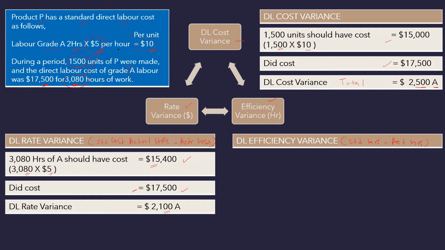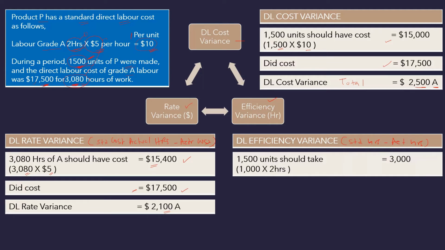Now we should have used, to produce this 1500, right, 2 hours. 2 hours is the requirement to produce 1 unit. On 1500, how much we should have used? Which is 2 hours times 1500, 3000, right? So 1500 units should take 3000 hours, right?